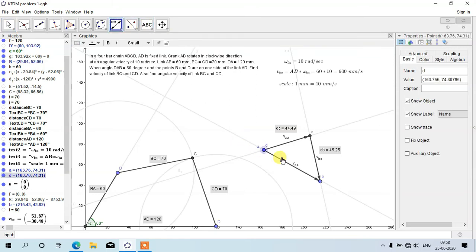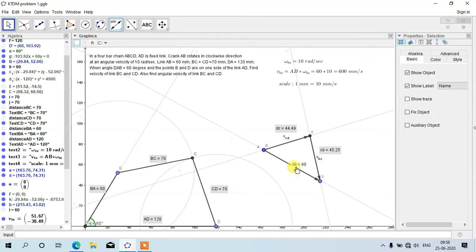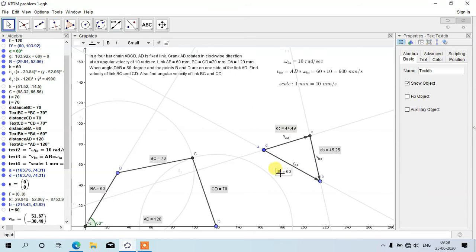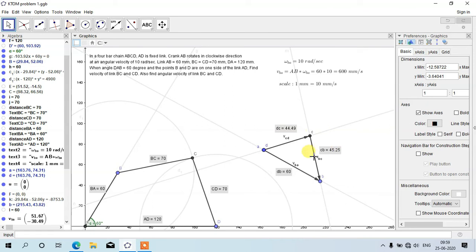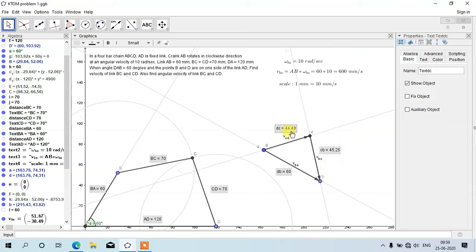We know this length because we have used the scale. Now from this diagram I have found the lengths of vector DC, vector CB, and vector AB.